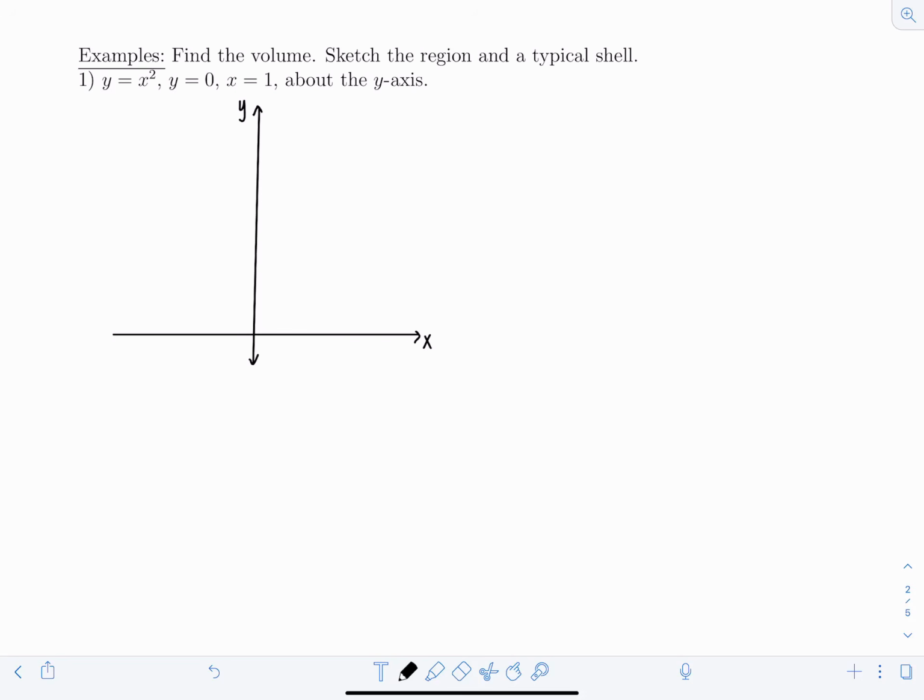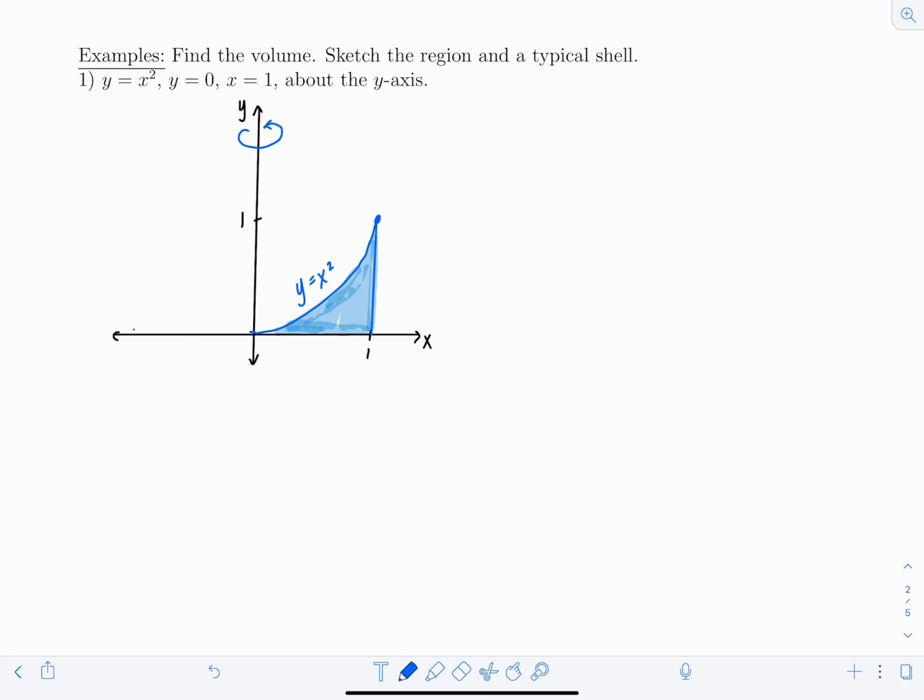Here's the x-axis, here's the y-axis. We're going to go out to 1 here. Here's our parabola, y equals x squared. It's bounded by x equals 1, y equals 0. So the region that we're going to revolve is right here. And we're spinning it around the y-axis.